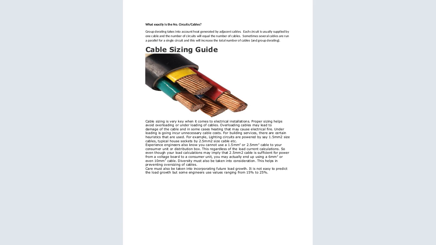So a group derating takes into account heat generated by the adjacent cables. Each circuit is usually supplied by one cable, and the number of circuits will equal the number of cables. Sometimes several cables are run in parallel for a single circuit, and this will increase the total number of cables. That is the group derating.